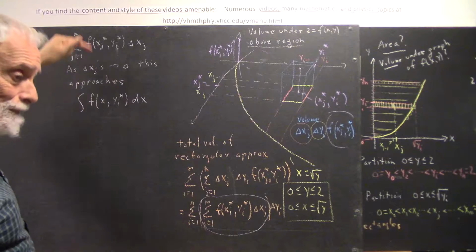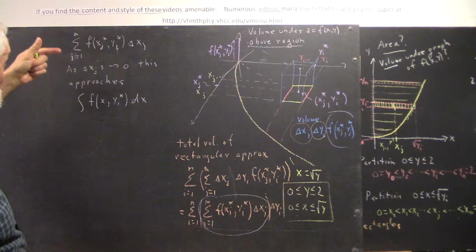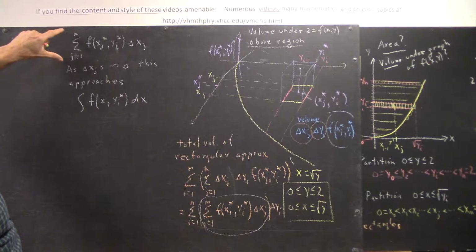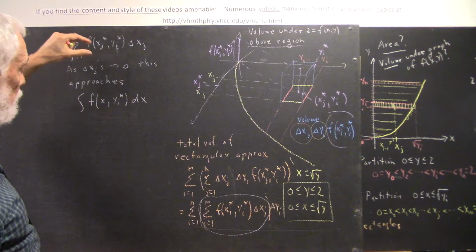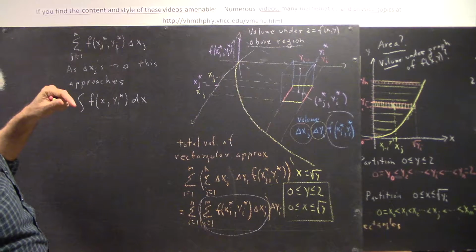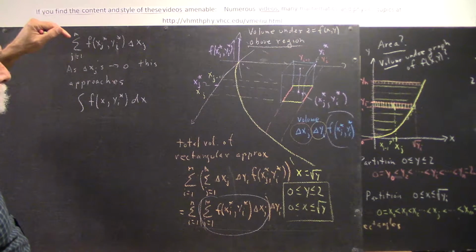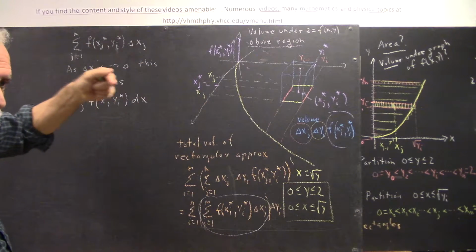Now, I'm assuming you understand how a Riemann sum works, okay? So we're just invoking that. In the limit, as your delta xj's approach 0, your x-coordinate becomes essentially continuous.